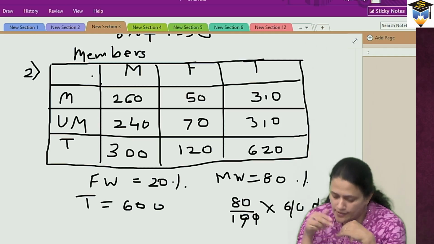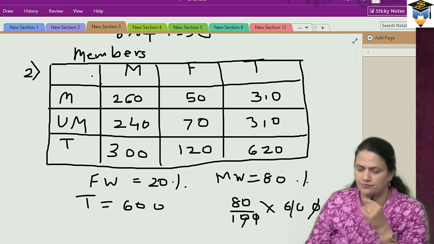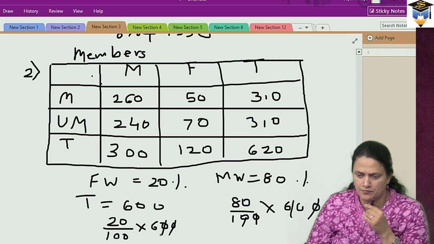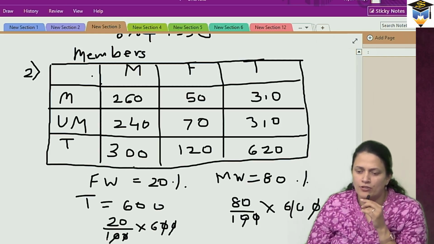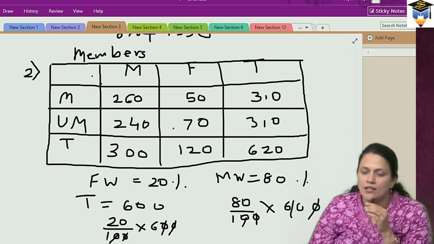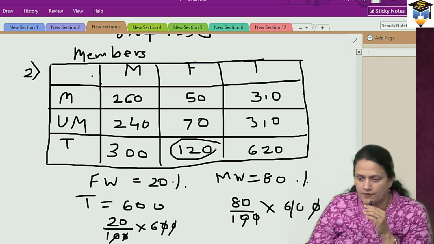Yes, tell me the answer. So this is females, we have found out. 20% are females, so 20 upon 100 into 600 gives the answer as 120. So total number of females is written here as 120.